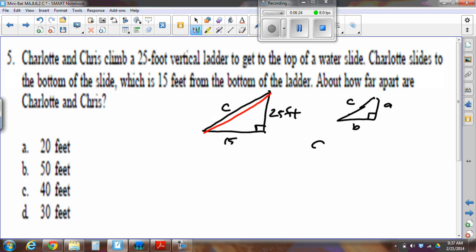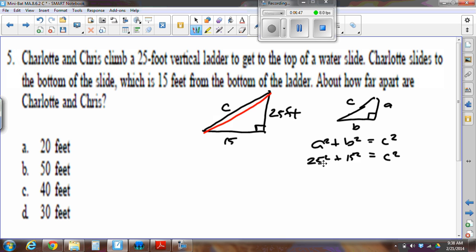The formula we said we can use is A squared plus B squared equals C squared. And it doesn't really matter which one you call A or which one you call B, but C must be right here. It must be the hypotenuse and it must be by itself. So if we're doing the math, we're going to plug in 25 squared plus 15 squared equals C squared.